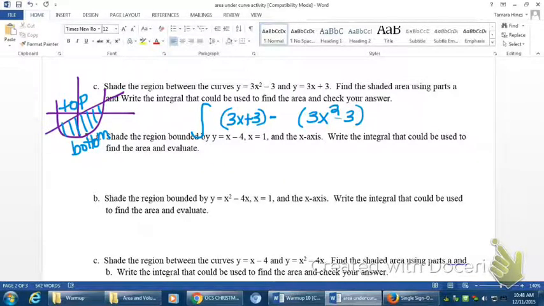Now, the place that I stop and start, I find the left point and I find the right point, and that would be the places on the integral, the a and the b. Okay, if I find the intersection, that one intersects at -1. If I find the intersection of the other one, that intersects at 2, so that's -1 to 2. Put that in the calculator, solve, and I think you get 13.5.